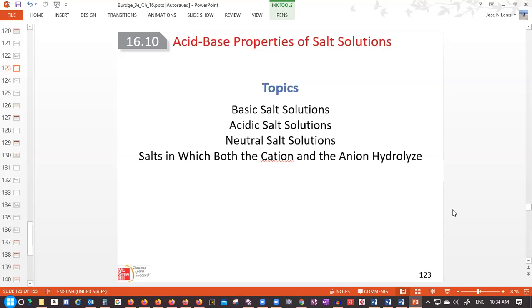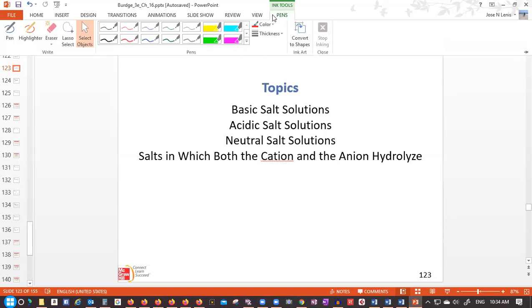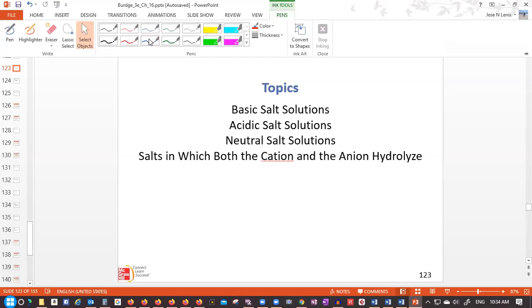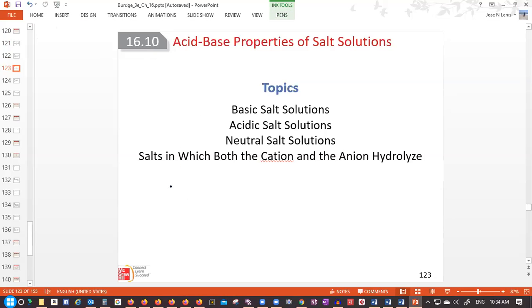Let's just remember where salts come from. The main source of salts comes from the reaction between acids and bases.